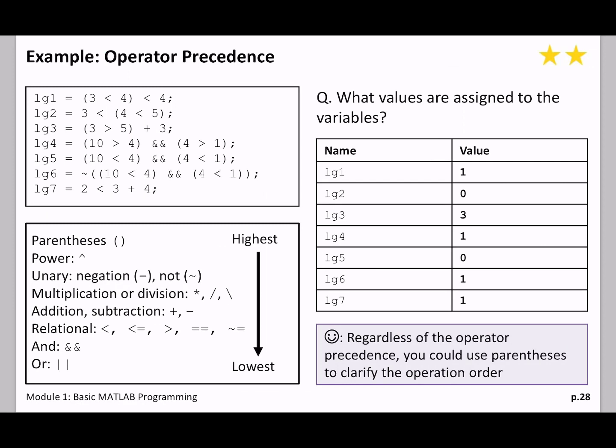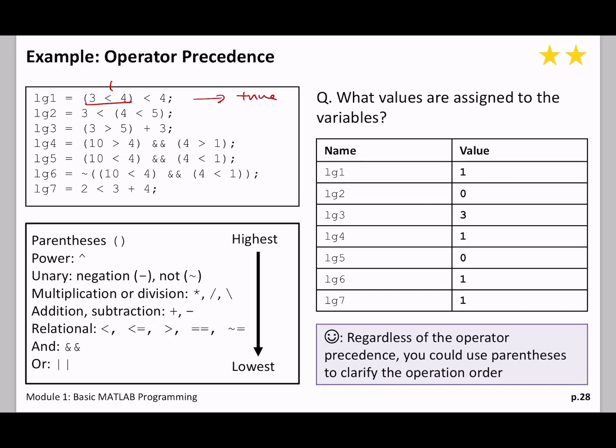Let's take a look at this one. So what values are assigned to the variable? In this case, this one is a 0, right? No, 1, right? Okay. 1 is less than 4. This is true.